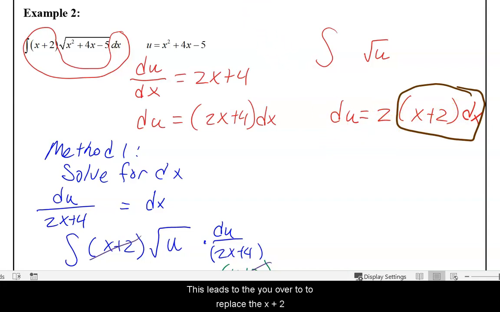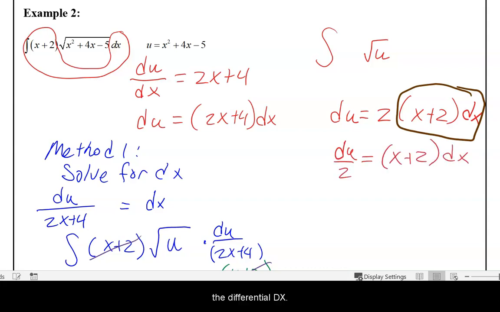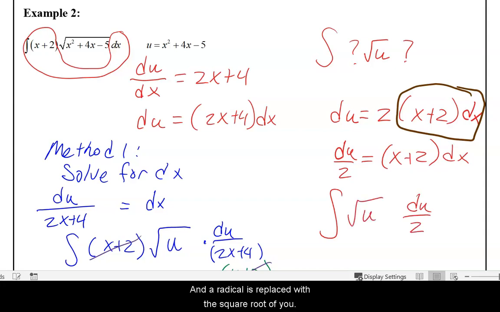This leads to du over 2 to replace the x plus 2 times the differential dx. This is our substitution factor. When I rewrite the integral now, the x plus 2 dx is all replaced with du over 2, and the radical is replaced with the square root of u.